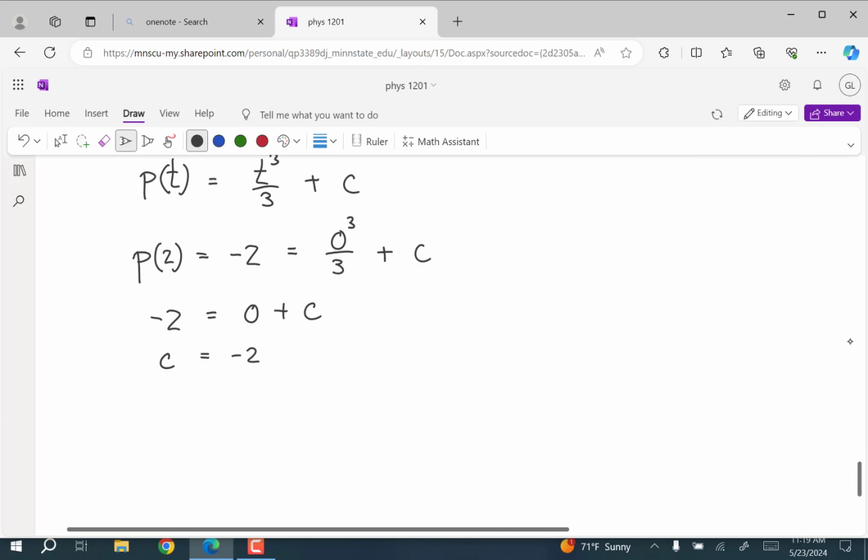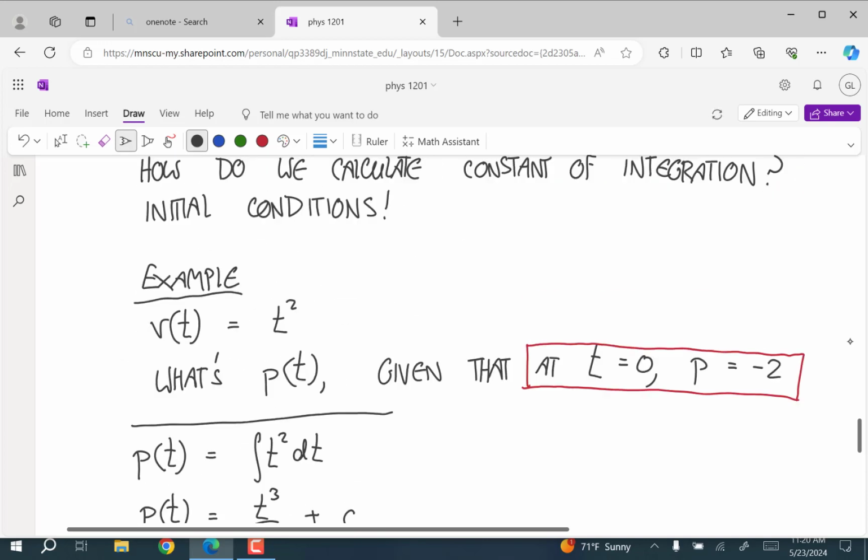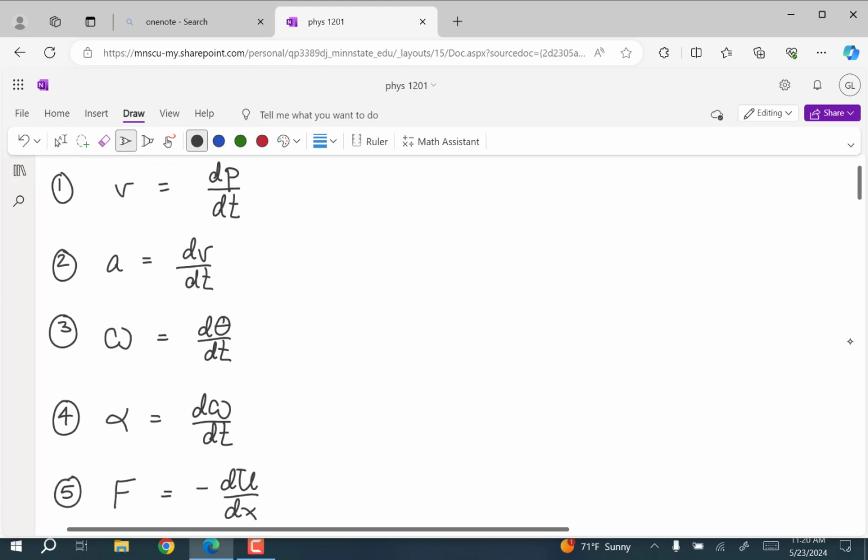And therefore, the final function representing the position is, we already knew it was this, we just didn't know what c was yet. Now we've calculated that, and this is equal to t cubed over 3 minus 2. Okay, so with the derivative and the integral, now we know how to go in both directions from one function to another with these 5 key derivative relationships for the class.